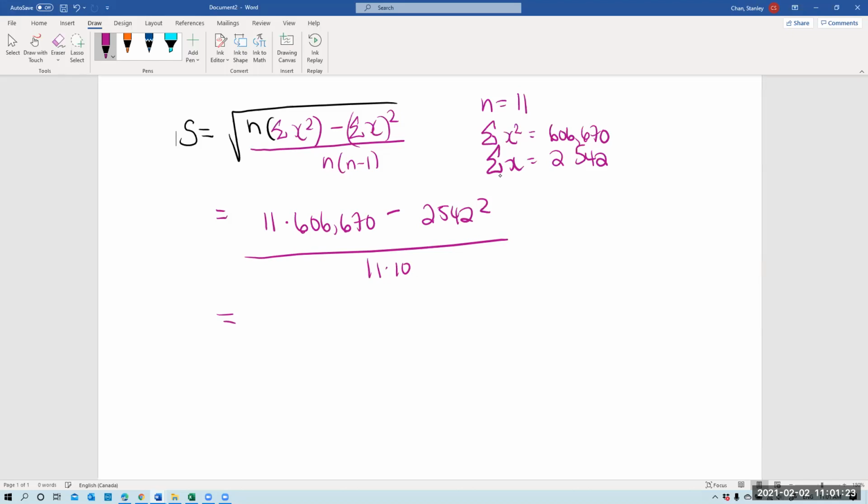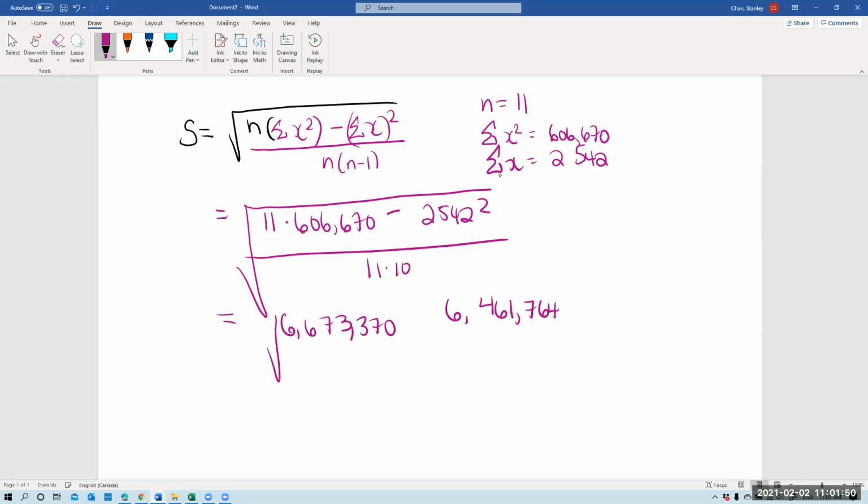So this is equal to, and then I'm going to have to square root that at the very end. So 2,542 squared is equal to 6,461,764. 11 times 606,670 is equal to 6,673,370. And then we divide by 11 times 10.